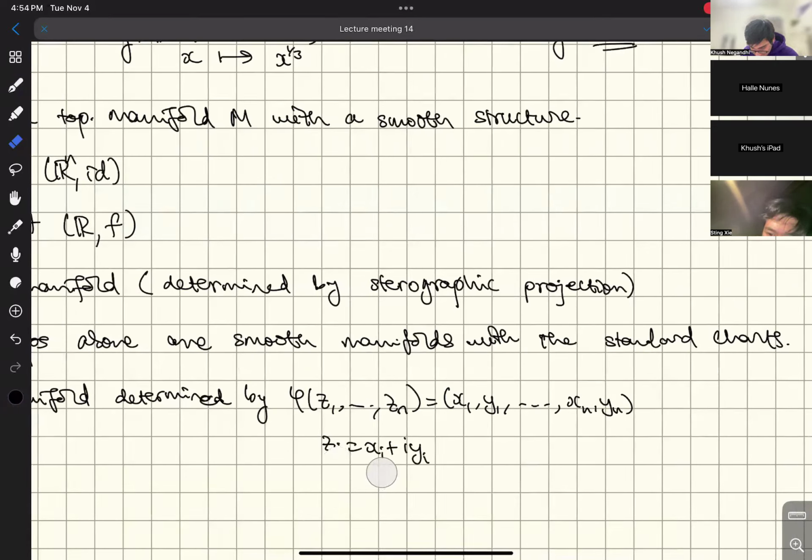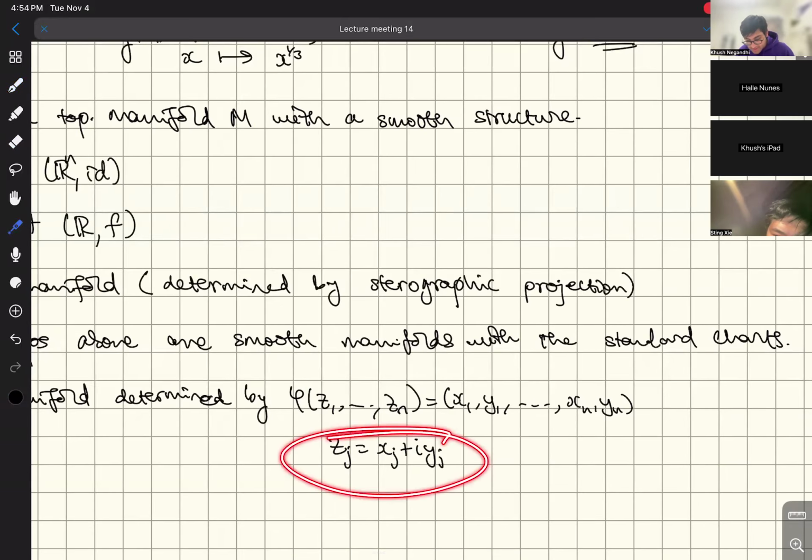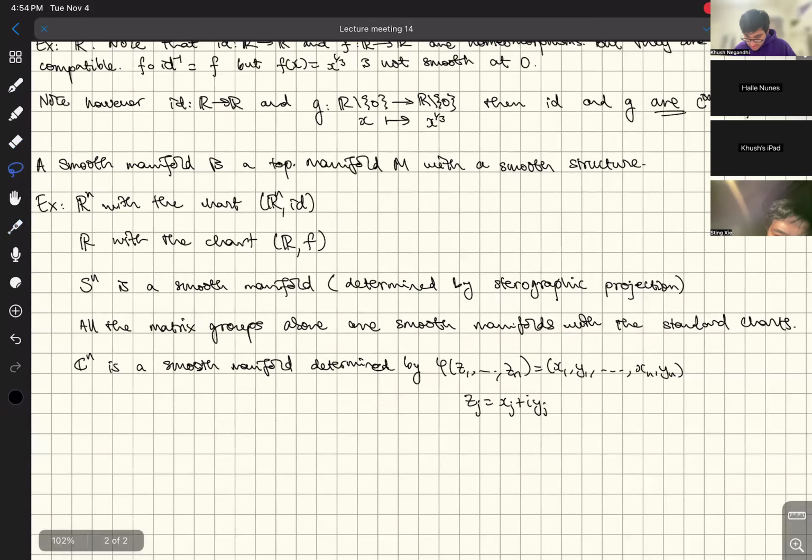Let me note I used i, I didn't think this through. So if you write complex numbers like this, you get a chart. Are there any questions about these manifolds?